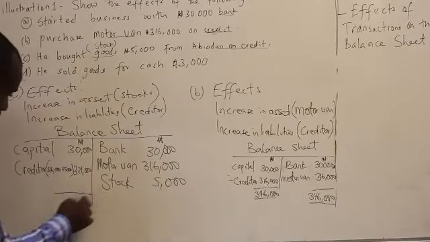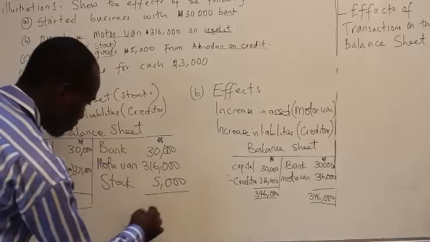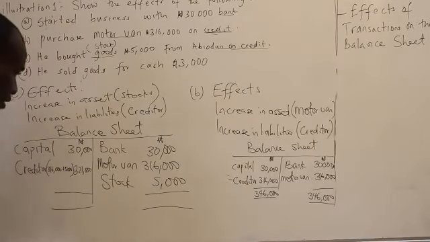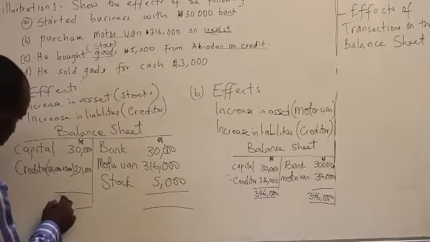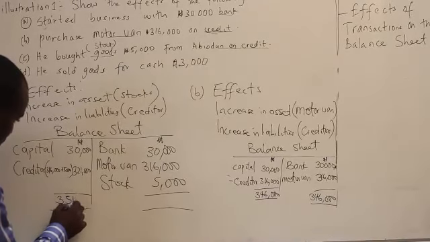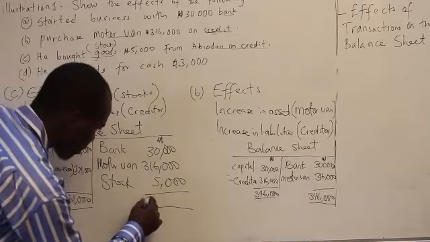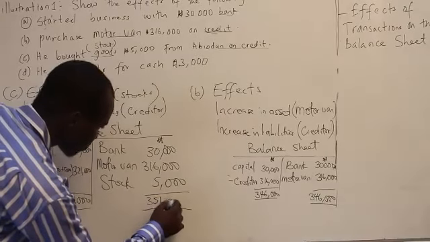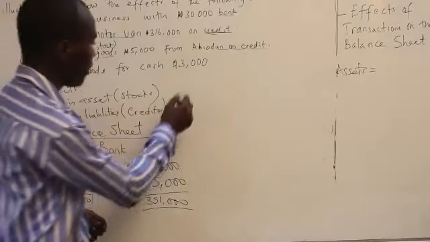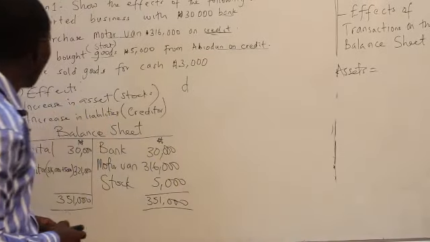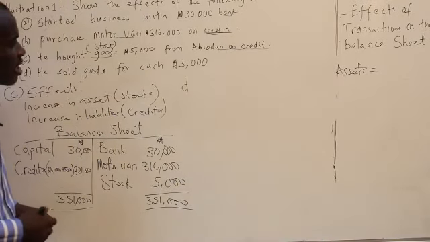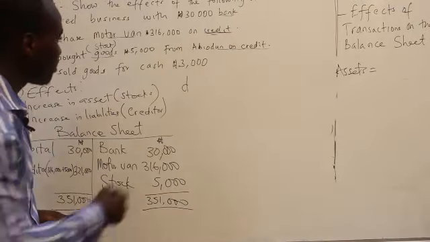Then the total of this gives us 351,000. Then we have 351,000. Next, he sold goods for cash, 3,000 naira.